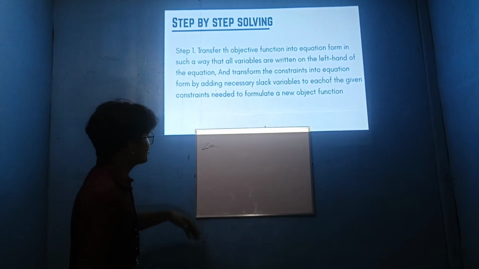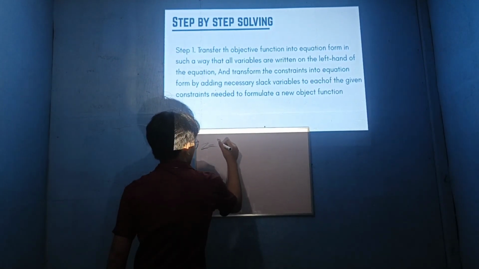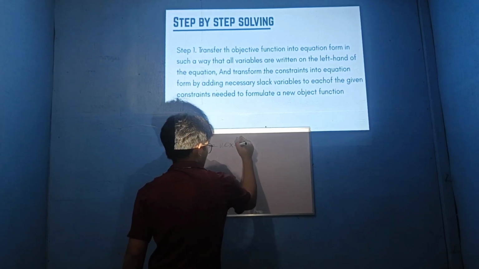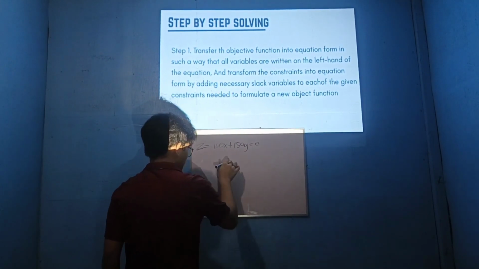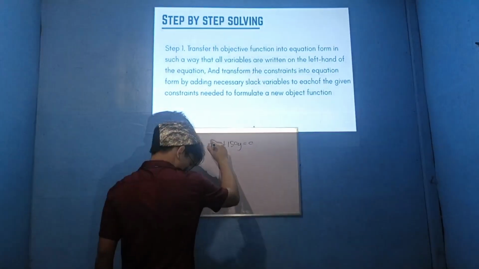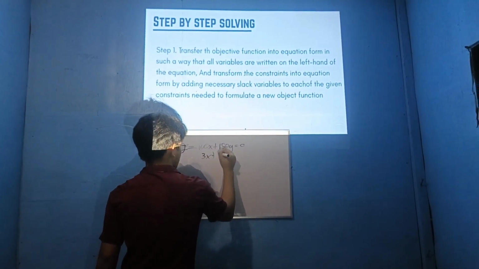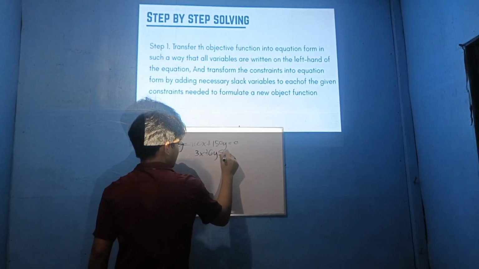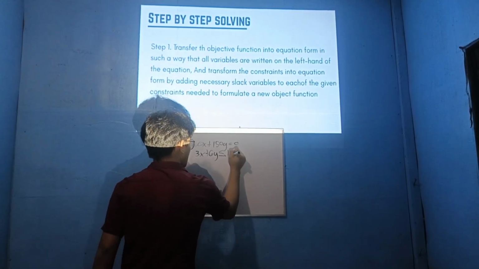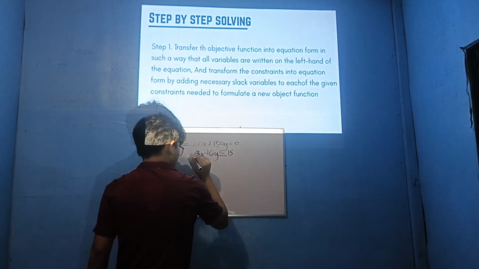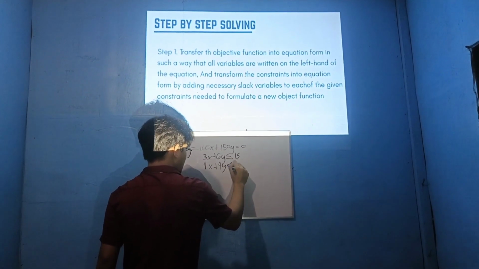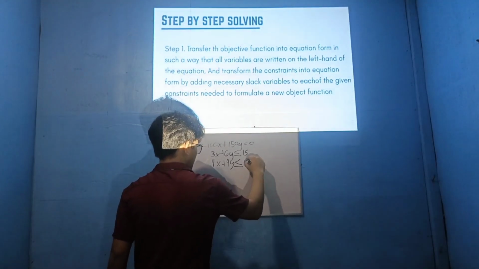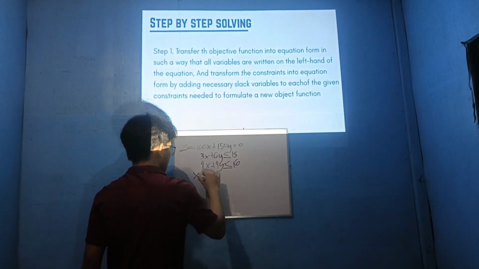In step 1, we need to transform our objective z equals 160x plus 150y equals 0. And our constraints will be 3x plus 6y is less than or equal to 15, and constraint number 2 is 4x plus 4y is less than or equal to 16, and x and y will be greater than or equal to 0.